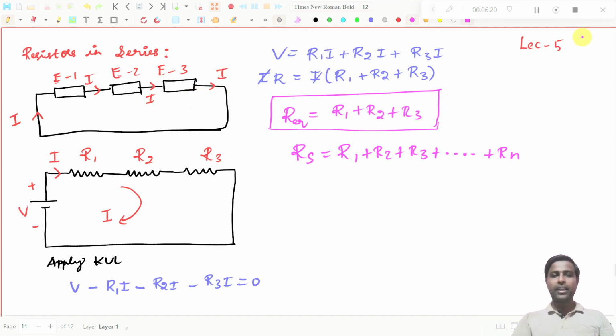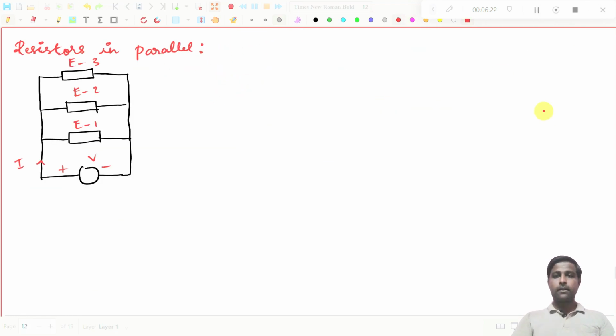So we will take another circuit now. You see I have taken three elements that are connected in parallel to a source. Now what will they get? The voltage source is connected between these two points. Element 1 gets this plus and this minus, element 2 is getting the same plus and same minus, and element 3 is also getting the same plus and same minus.